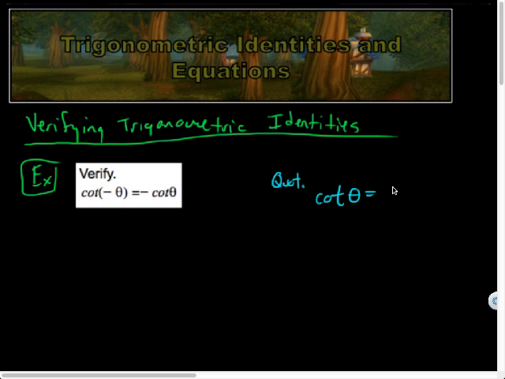Remember, cotan theta is equal to cos over sine, because it's the reciprocal of tangent, of course. So I could rewrite this as cosine of negative theta over sine of negative theta. Right-hand side we'll leave alone for now.